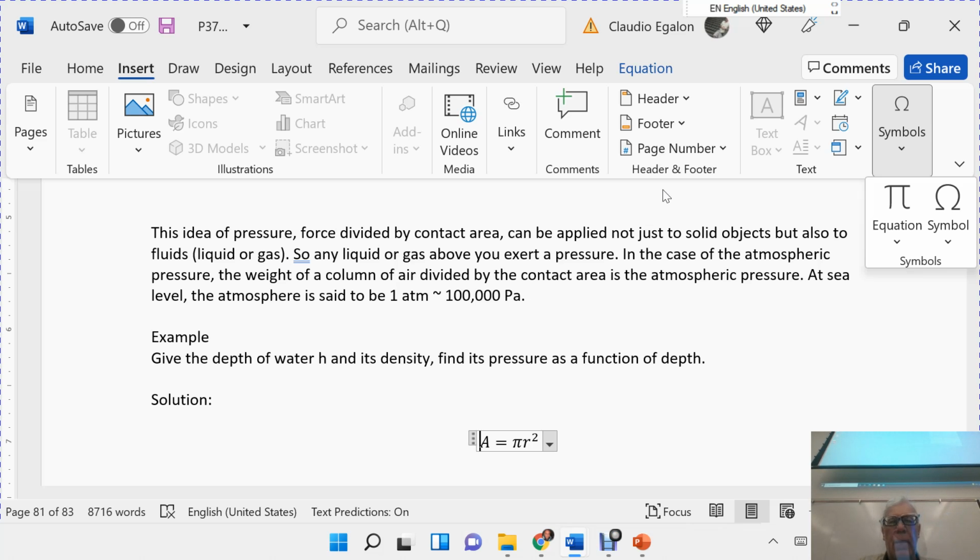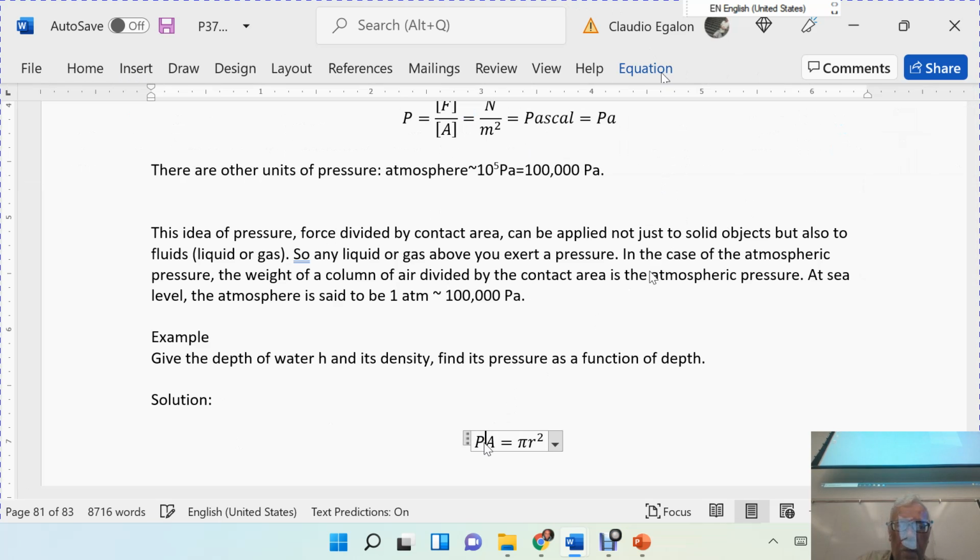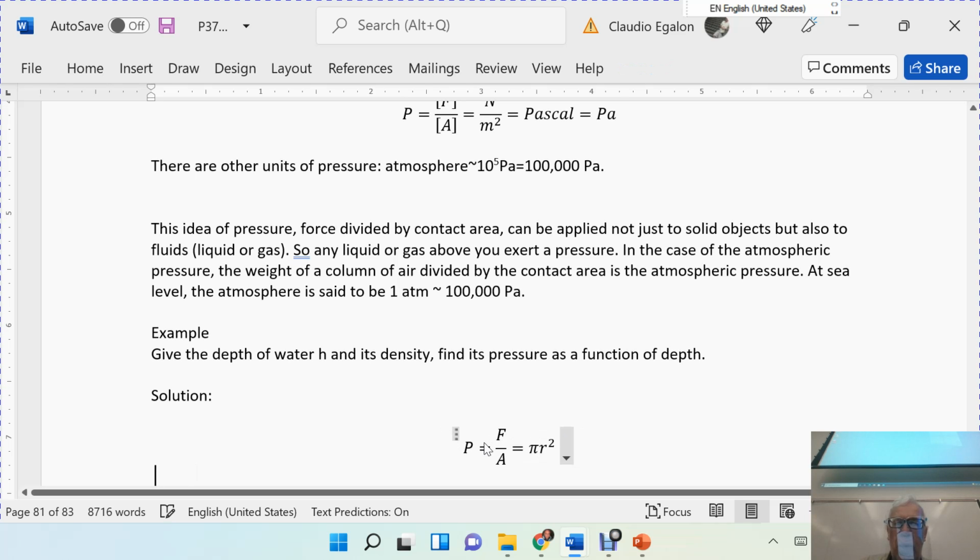Here you go. Pressure is force divided by area. And this force is going to be what?